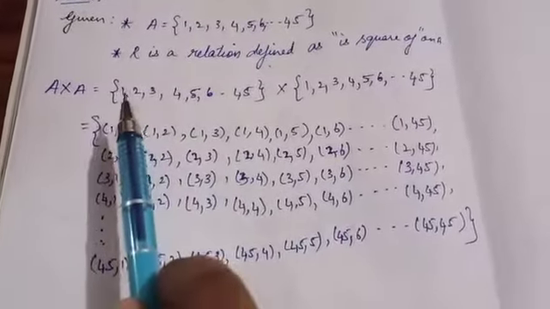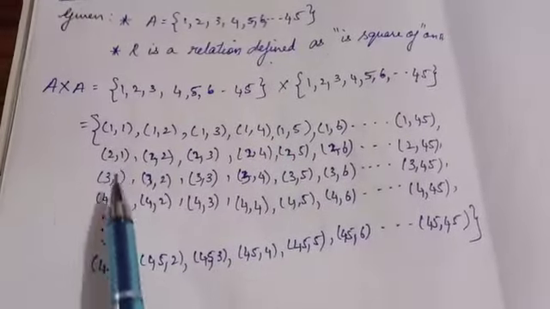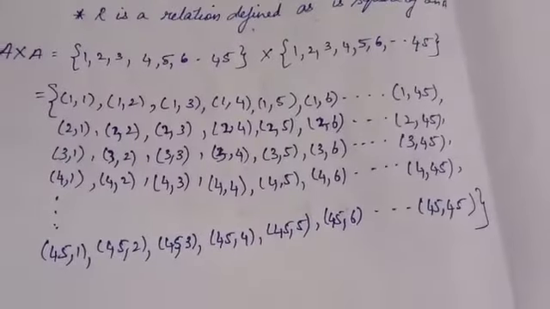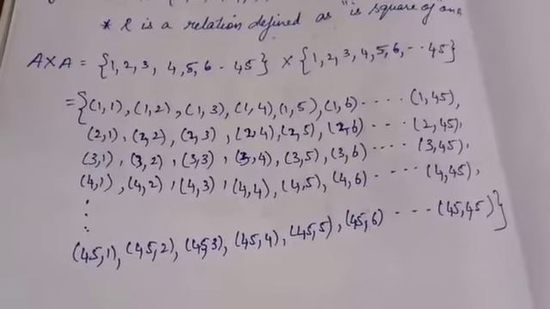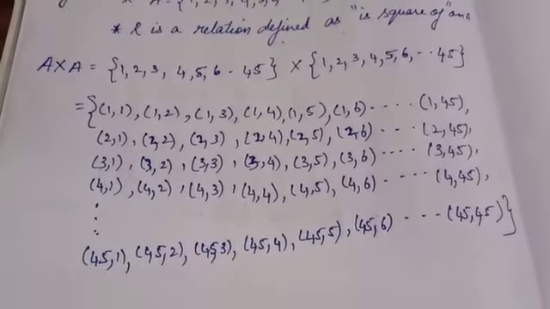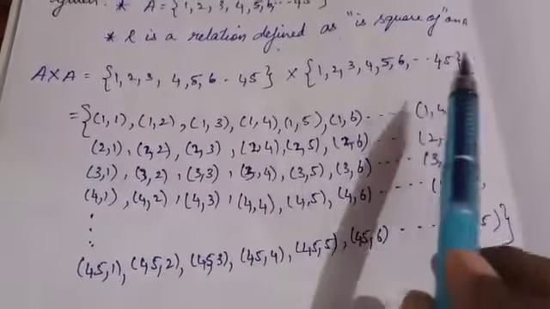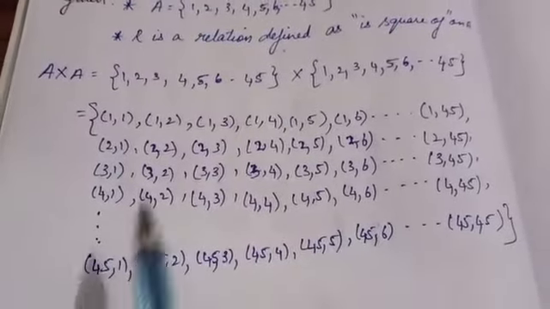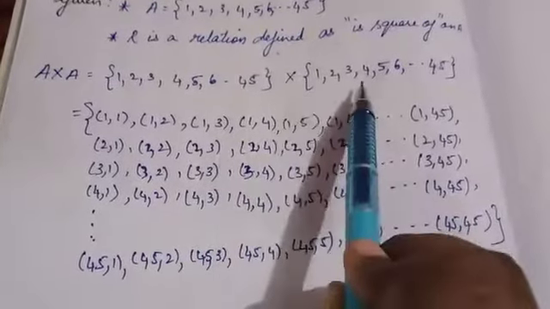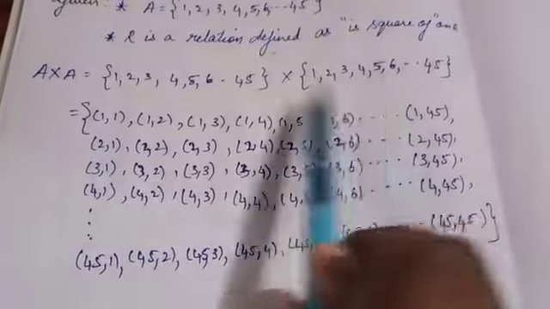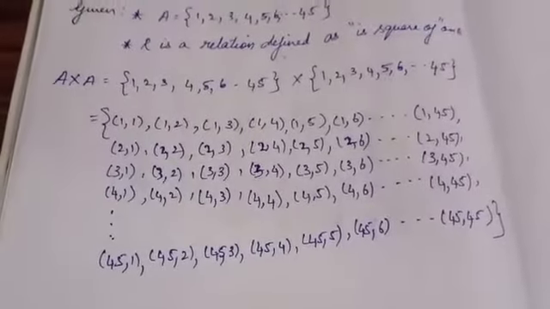In the same way we have to write for all the elements. Understood, students? So I have found A cross A up to 45, that is (45, 1), (45, 2), (45, 3), (45, 4), (45, 5), (45, 6) and up to (45, 45).